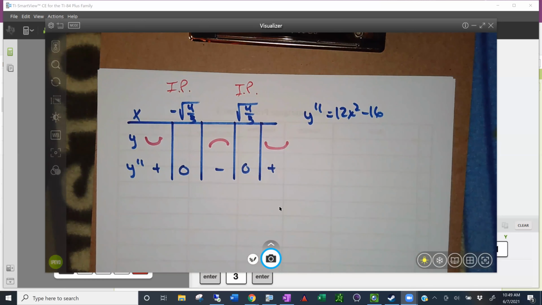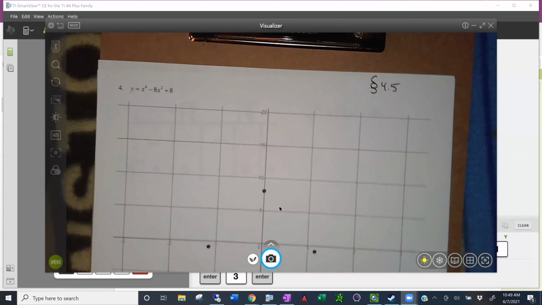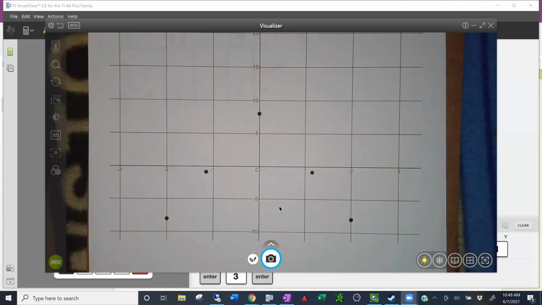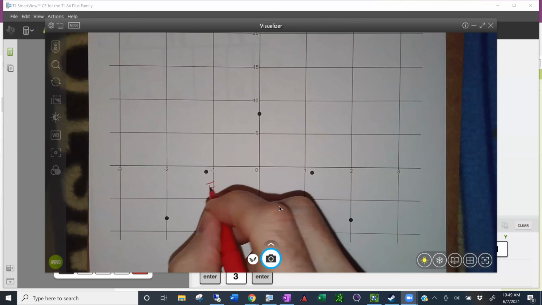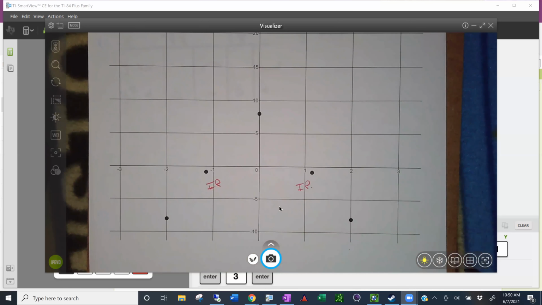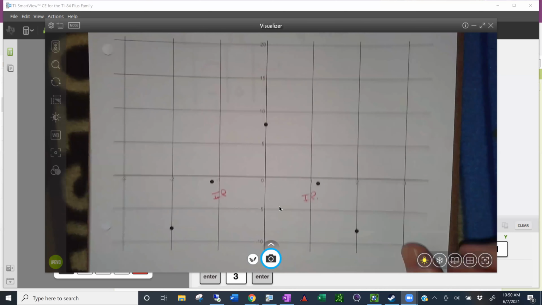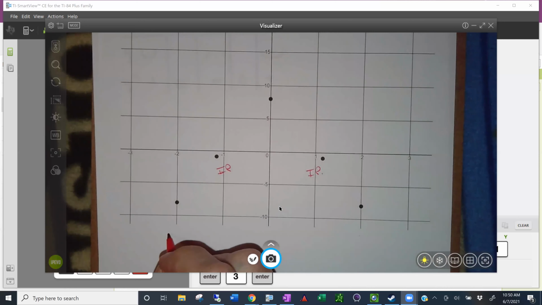See if we can't figure out some things there. So I know that this is an inflection point. This one's an inflection point. And then let's see what else I got. And that's a relative min. This is a relative min.